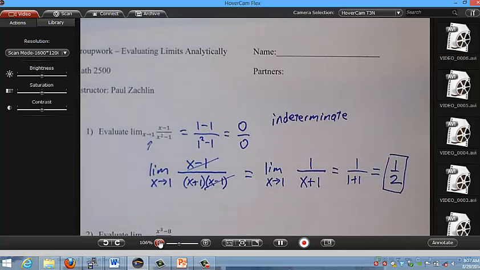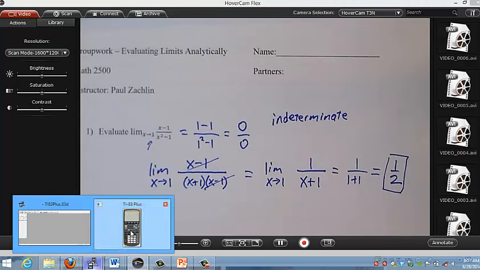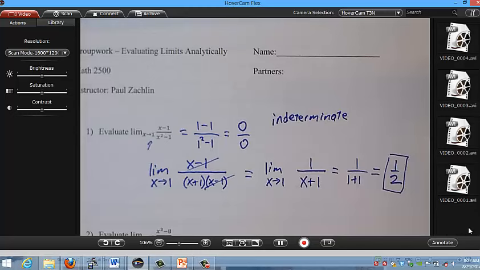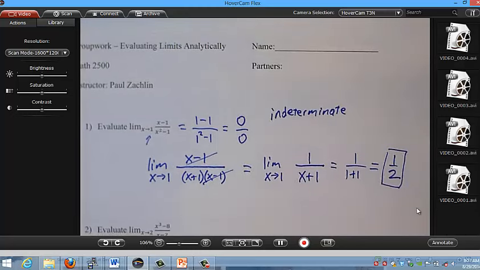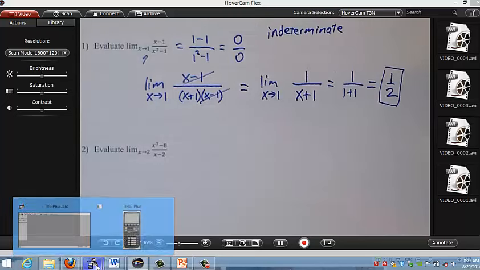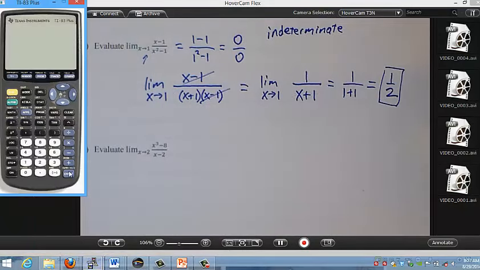If I graph, maybe I'll try it for you. Actually, let's graph the second one, since the second one gave more people difficulties. So we have x cubed minus 8 over x minus 2. Let me pull out my calculator. So if I graph y equals, I'm going to need to open some parentheses for the numerator.